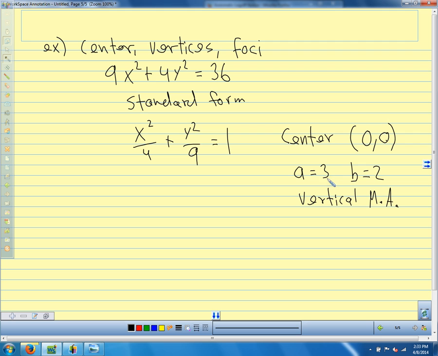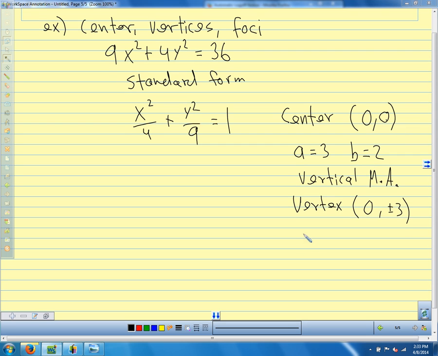So the A, the 3, is telling us to move 3 units up and down to get to the end of my major axis, to get to my vertices. So my vertices are going to be at 0, plus or minus 3. And then we need to find the foci. We know always for an ellipse, a squared equals b squared plus c squared.